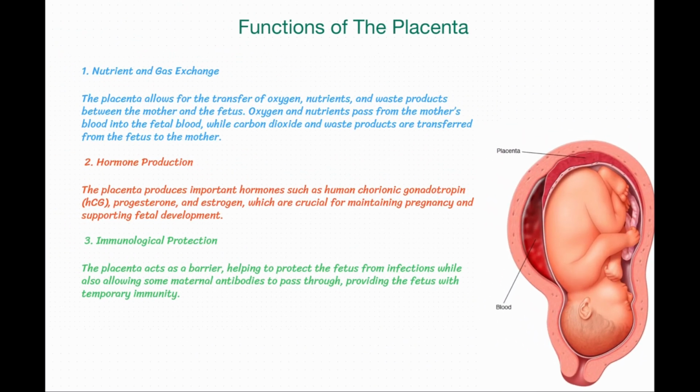So what are some of its functions? First and foremost, we have nutrient and gas exchange. The placenta facilitates the transfer of essential nutrients from maternal blood to the fetus. What are some of these nutrients?